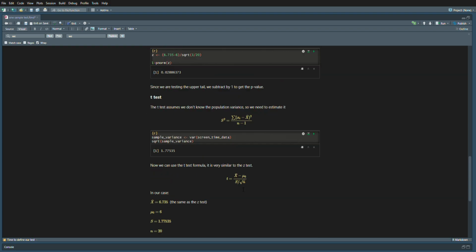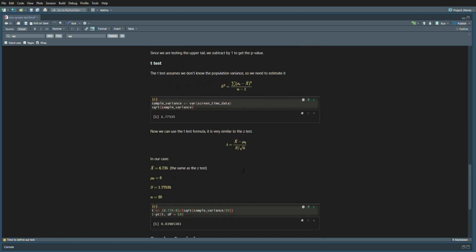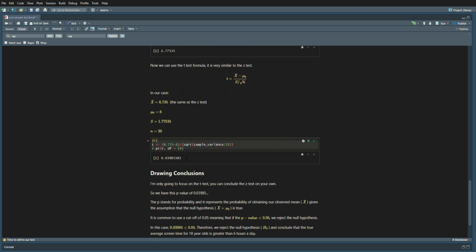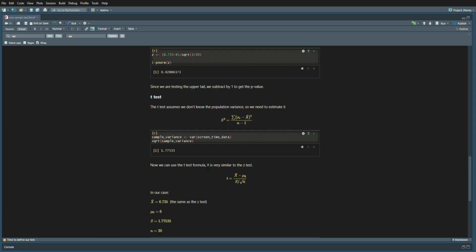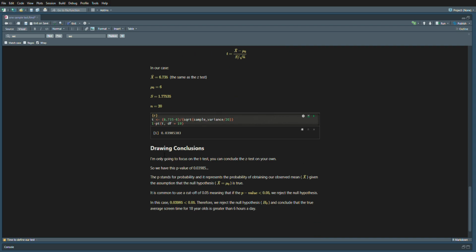The only difference is we use S instead of sigma. And we plug it in, we get this number, which is pretty similar to the p-value we got from the z-test.